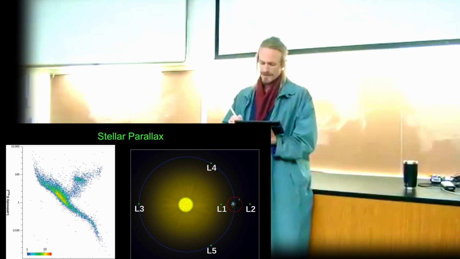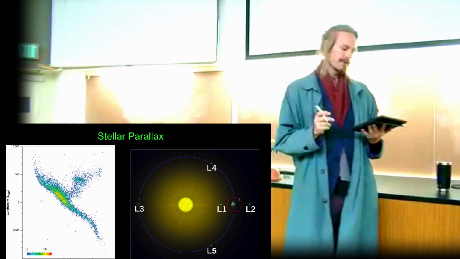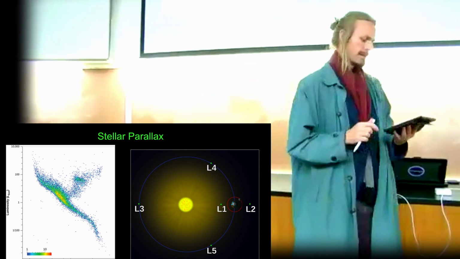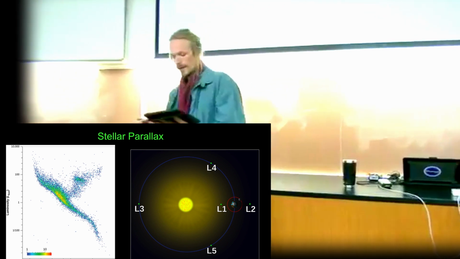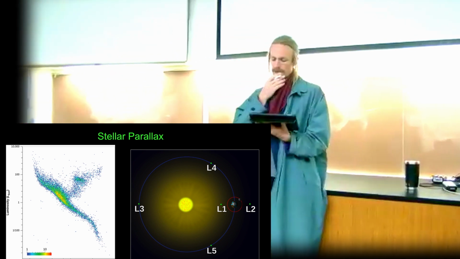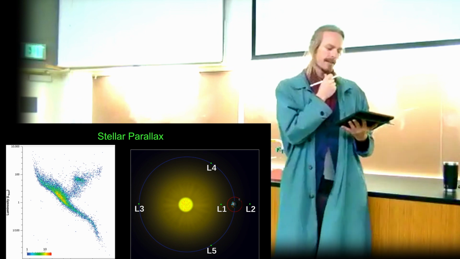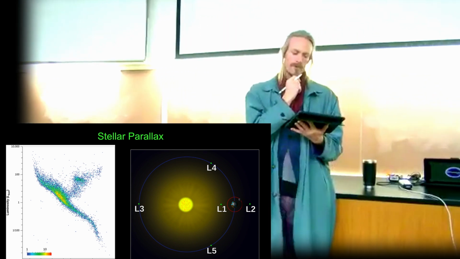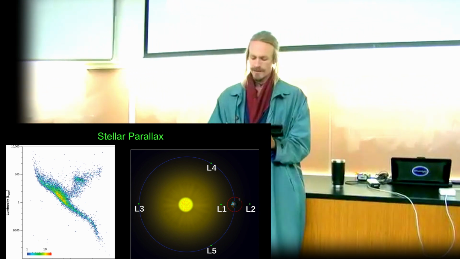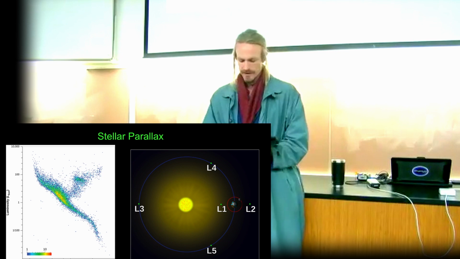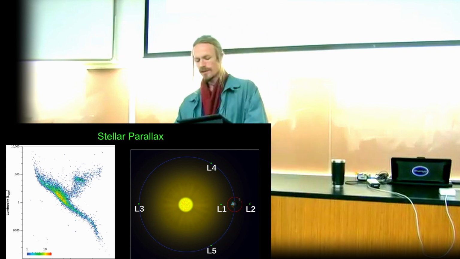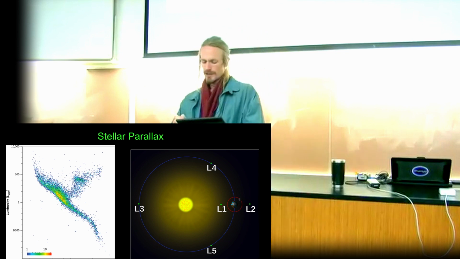So the first version of this was put in space in '89. This was called Hipparcos, and it measured a bunch of stars, in the thousands, out to a distance of 300 light years away, with pretty decent accuracy in the 10 to 20% range. They replaced this with a new satellite called Gaia in 2013, which expanded the reach incredibly.